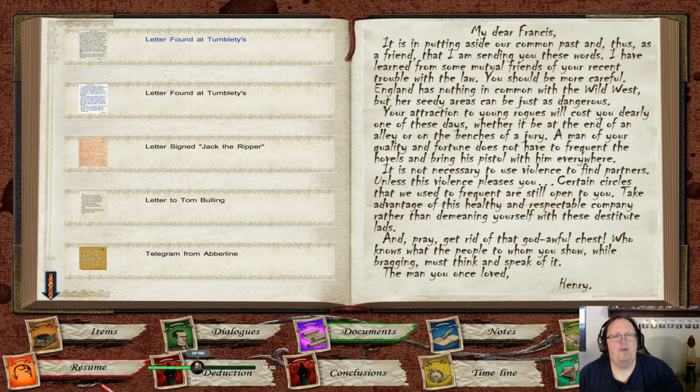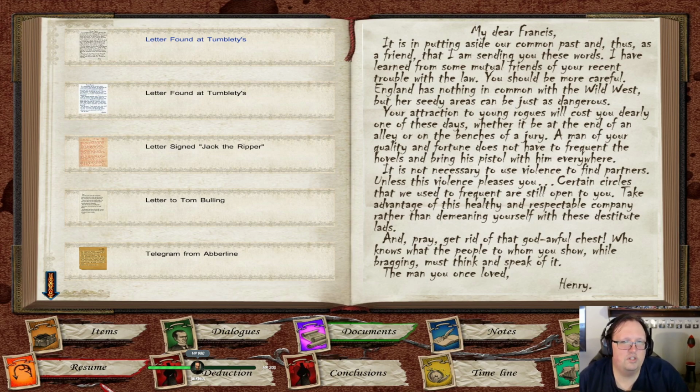My dear Francis, it is in putting aside our common past and thus as a friend that I am sending you these words. I have learned from some mutual friends of your recent trouble with the law. You should be more careful. England has nothing in common with the Wild West, but her seedy areas can be just as dangerous. Your attraction to young rogues will cost you dearly one of these days, whether it be at the end of an alley or on the benches of a jury.